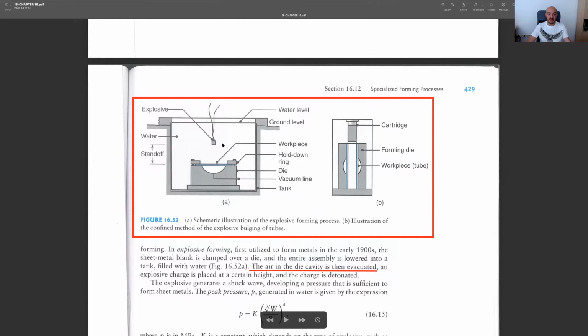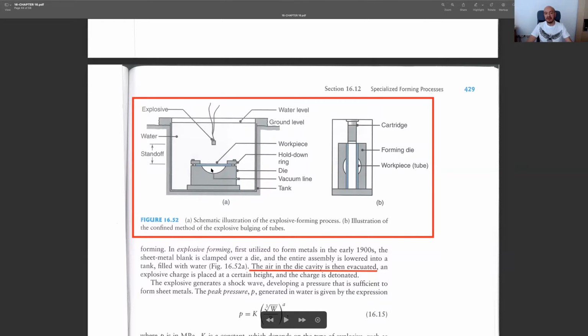We place our explosive in water, and then we need to put our die and set it into this water tank. Another important thing is that you see we have a vacuum line. We need to suck the air out of this die. Otherwise, once you have an explosion, the forces may not be enough to bend this shape.